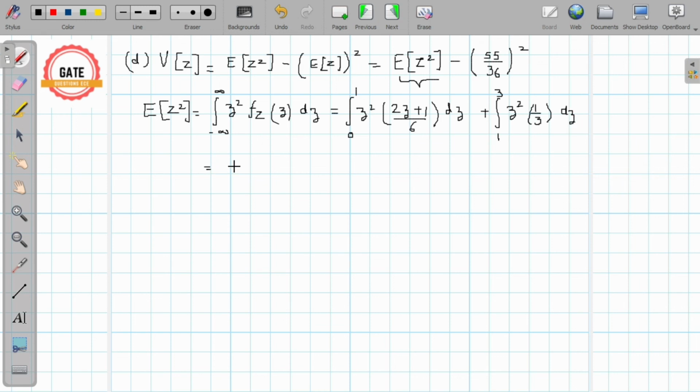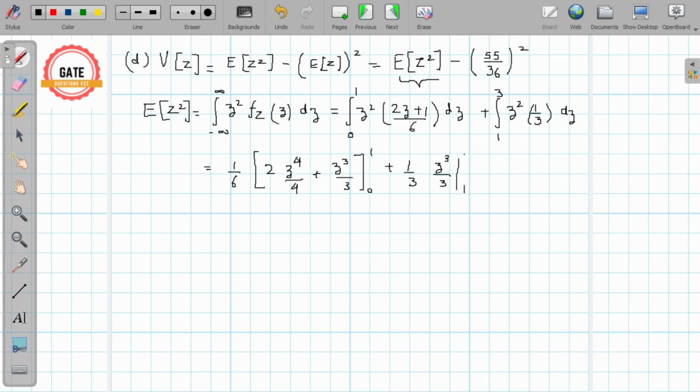So this will be equal to 1 by 6, integration of Z cube will be Z raised to power 4 by 4, plus integration of Z square will be Z raised to power 3 by 3. So lower limit is 0, upper limit is 1. Plus next term will give us 1 by 3 times Z raised to power 3 by 3.